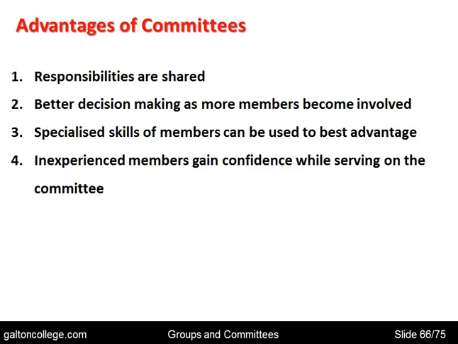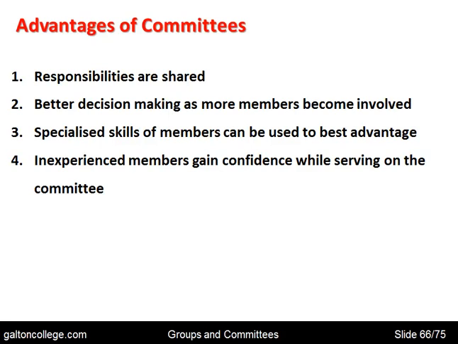Of course, inexperienced members will gain confidence when serving on committees. Committees should have new members, ones without prior experience of working in committees, and through working with those new members, the new members will gain confidence and will become eventually more active members of the committee.